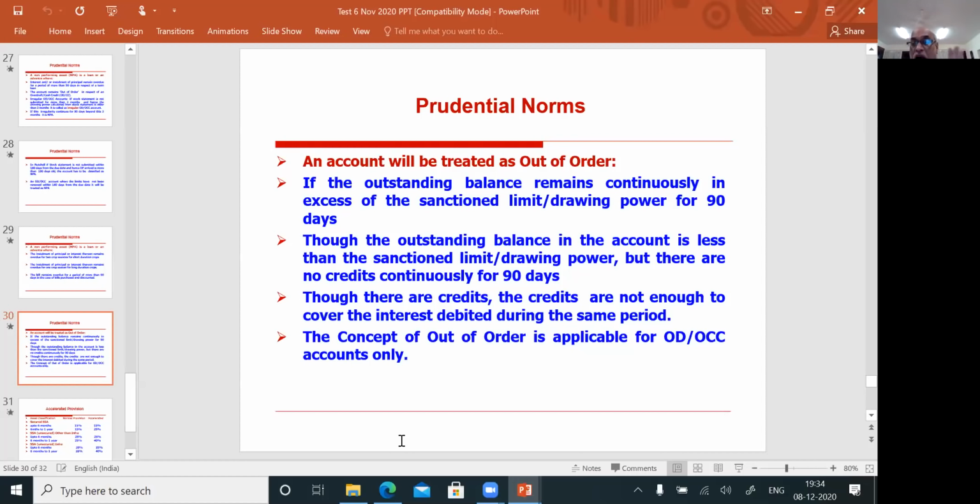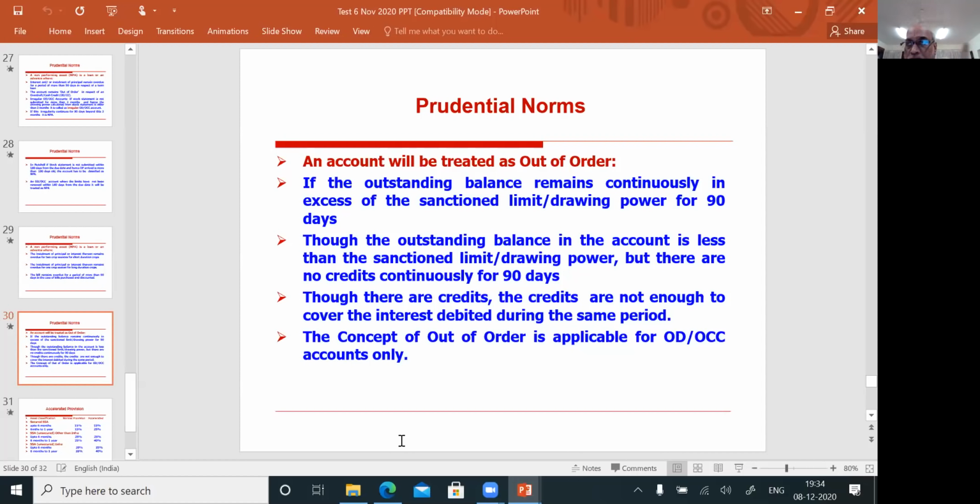Again, I repeat, out of order for prudential norm purpose or for asset classification purpose, there is something different. Out of order advance, as per the definition of RBI, is applicable only for OD/OCC accounts. An OD/OCC account is classified as out of order when any one, any two, or all three things happen.